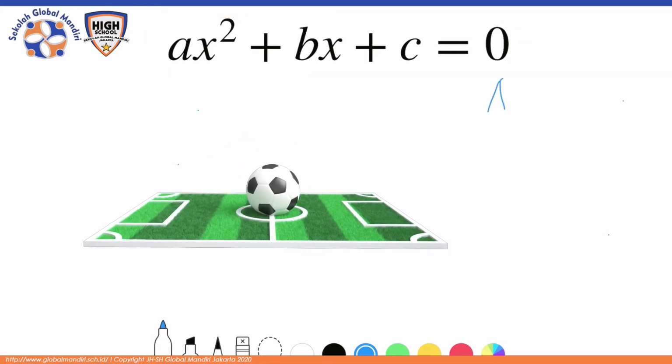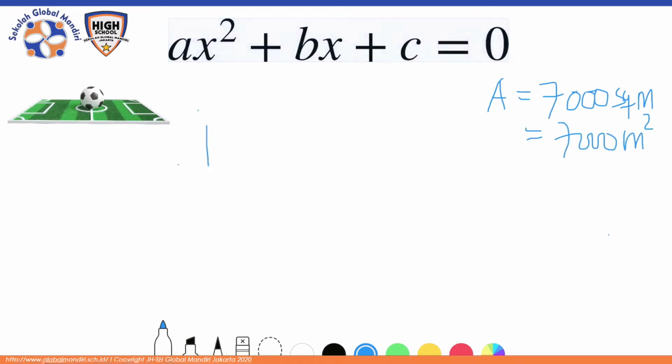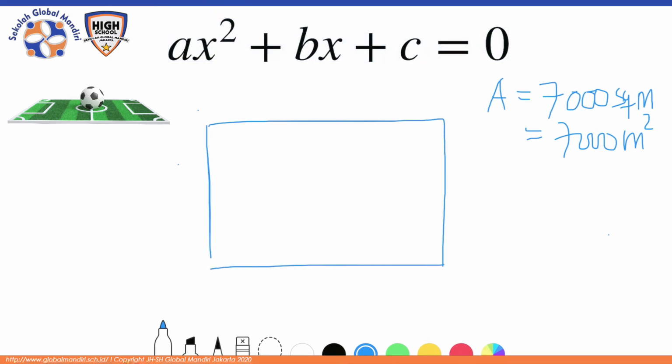Based on the example, we know that the area is 7,000 square meters. So let's make a picture of that rectangular soccer field. We know that the length is 30 meters more than its width.